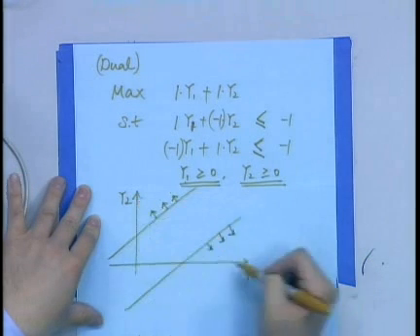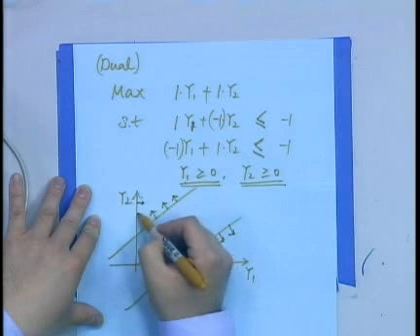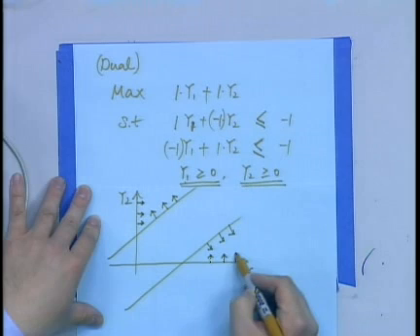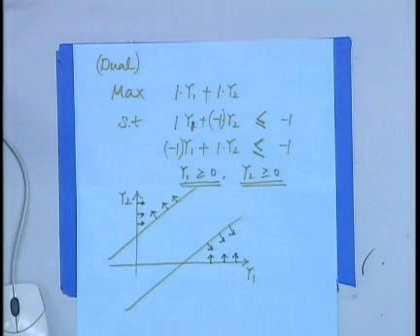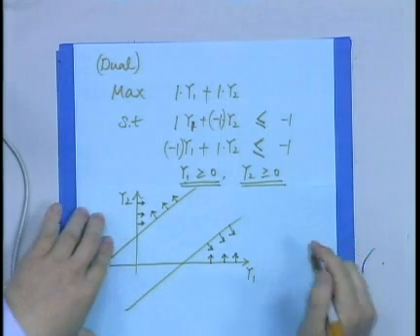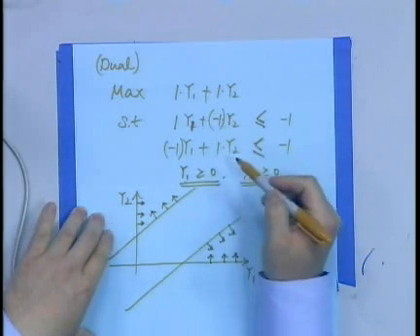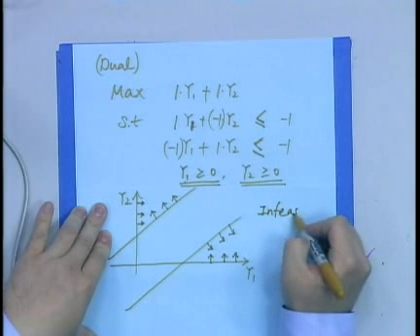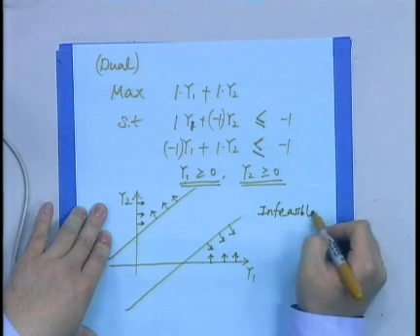And the non-negativity restriction tells us the feasible region would be this direction. So again, the feasible region contains no points, and because no points satisfy all the constraints, it is an infeasible LP.